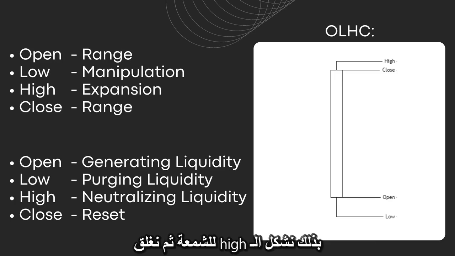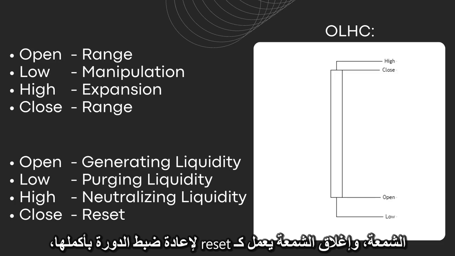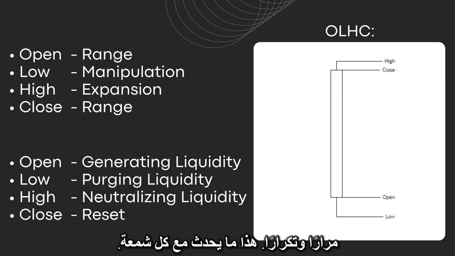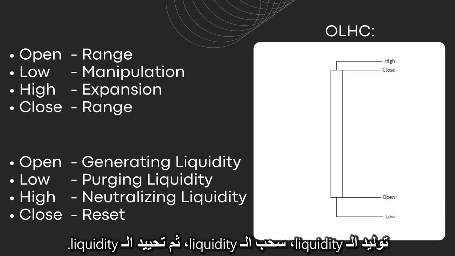With that, we form the high of the candle and then we close the candle, and the close of the candle acts as a reset for the whole cycle, and then a new cycle starts with the next candle, repeating the same cycle over and over again, right? That's what happens every single candle, right? Generating liquidity, purging liquidity, and then neutralizing liquidity, right?